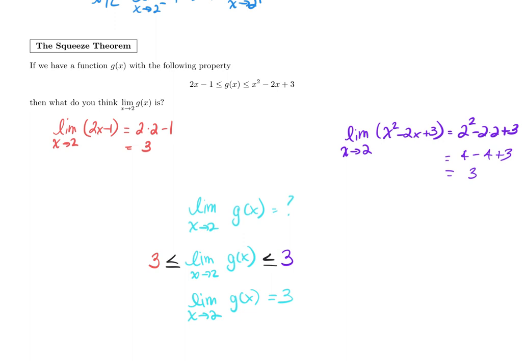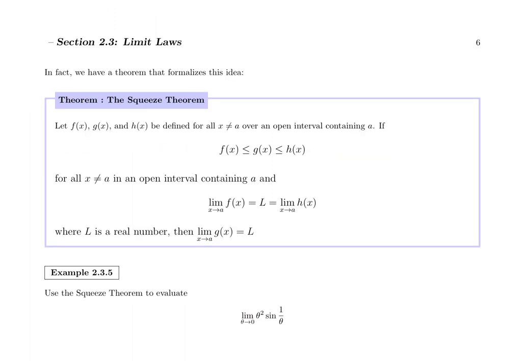So let's look at what the squeeze theorem tells us exactly. The squeeze theorem formalizes this idea that we've stumbled upon. Let f of x, g of x, and h of x be three different functions that are defined for all x not equal to a over some open interval that contains a.